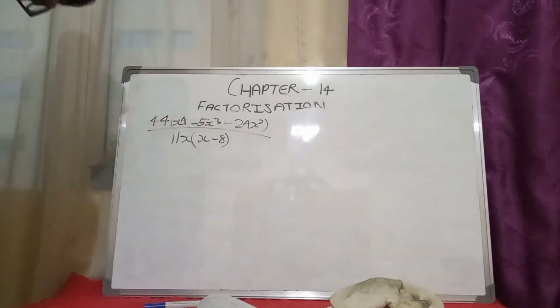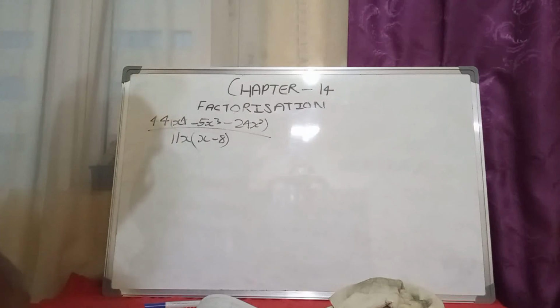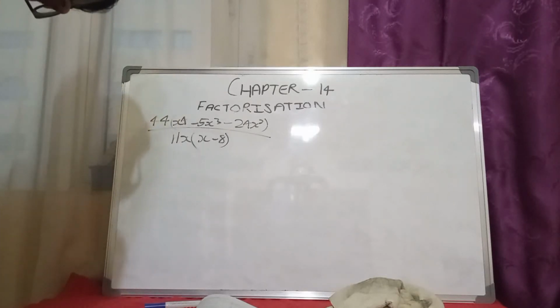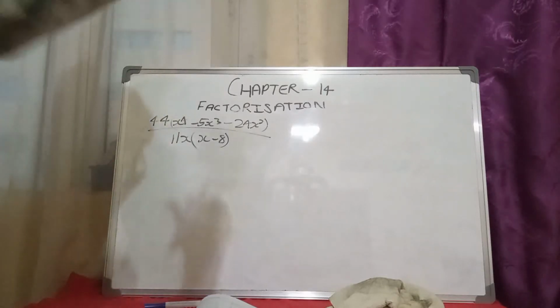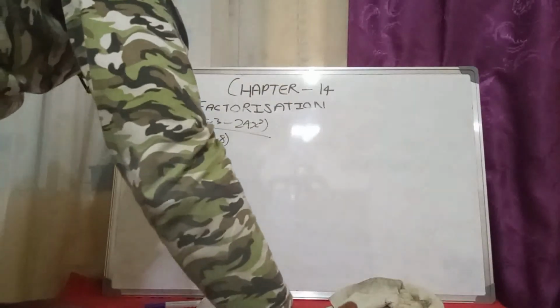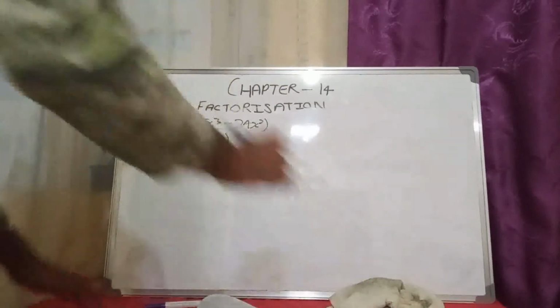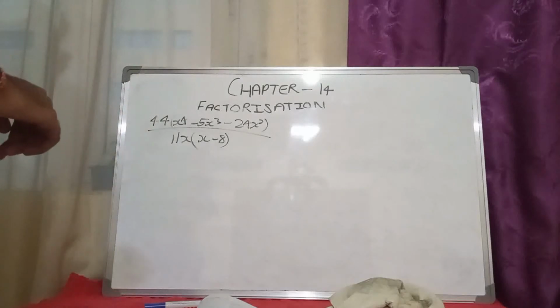Now we take the common factors out. Now we have to use the identities we have learned.